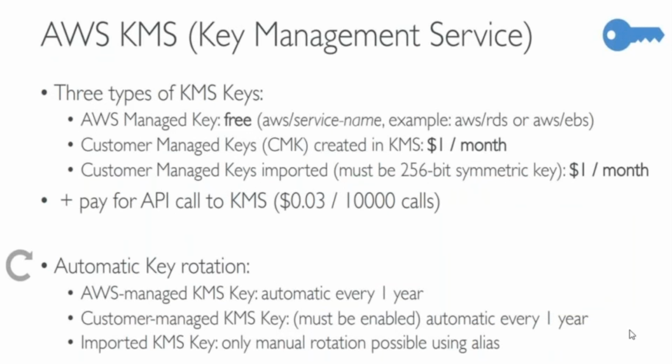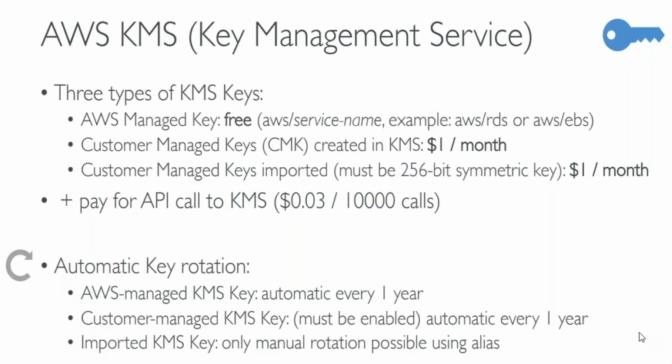Then team, AWS Key Management Service. We have 3 types of keys here. The first one is AWS Managed Key. It is free and it is used with services like RDS and EBS. I will show you. Then we have customer managed keys, called CMK, for which we have to pay $1 per month.